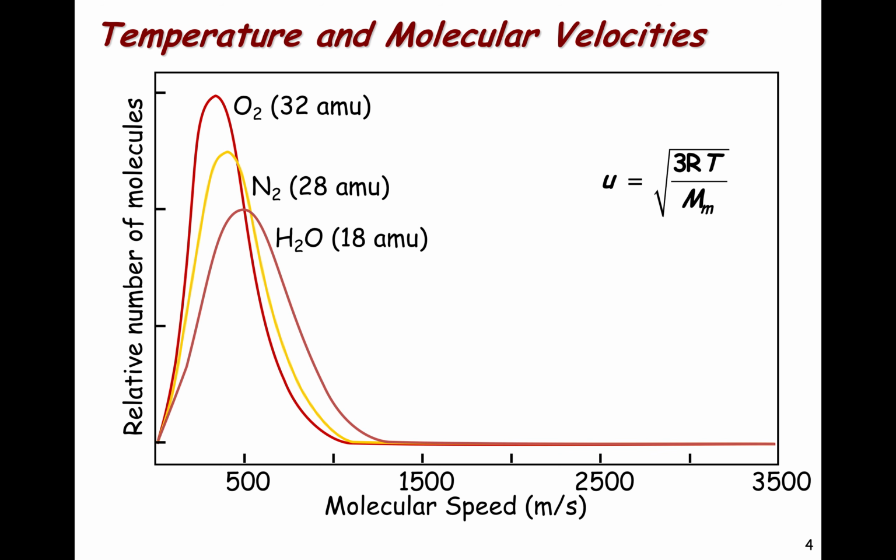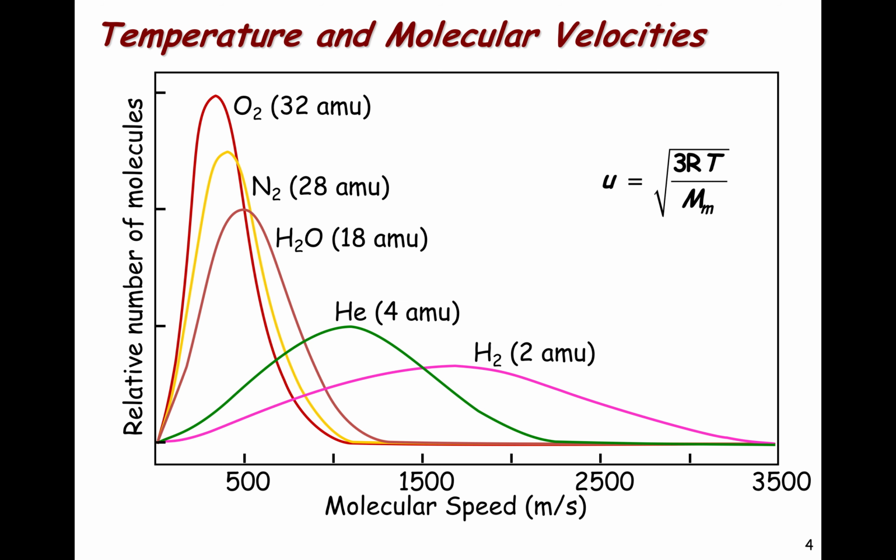If we go to something like water, it moves even higher because of the lowering of the molar mass. We go to helium, we have a pretty significant increase in the average speed, and then finally we go to the lightest of the gas molecules, elemental hydrogen, which has the distribution you see here, with the average being at the highest of the molecular speeds.